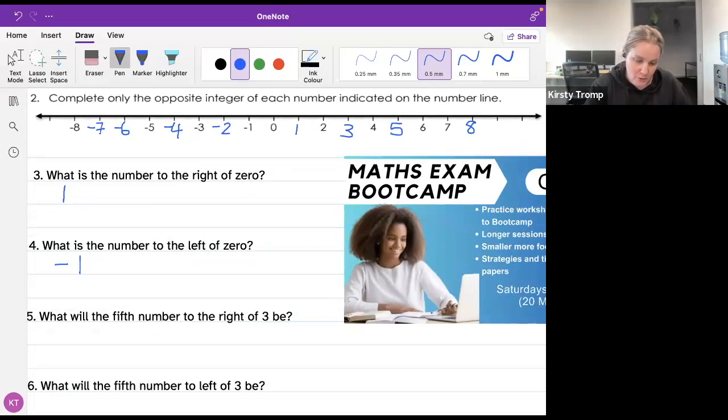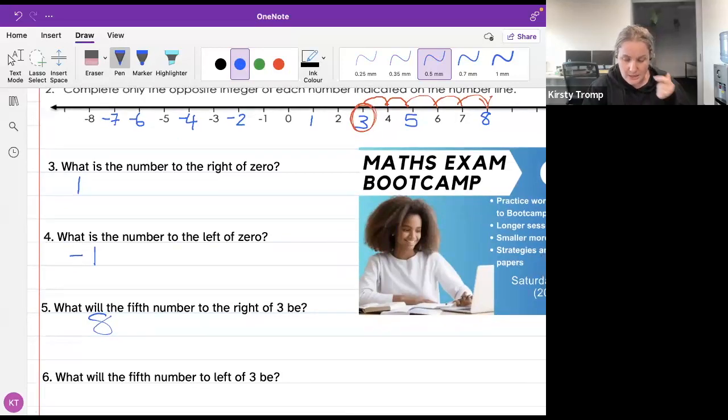So here's my number 3, and I want to go 5 numbers to the right of 3. So 1, 2, 3, 4, 5. It's going to be the number 8. All right, I'm seeing lots of correct answers there.